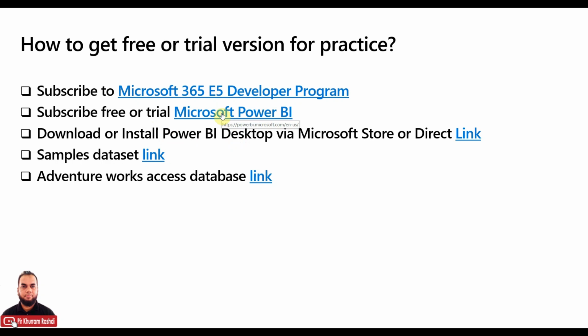So you will have the flavor of how to deploy your reports to the cloud account. And the rest, the sample data set and AdventureWorks, this data set we will use to explore the features in Power BI Desktop or Power BI service. For that, this sample data is essential.